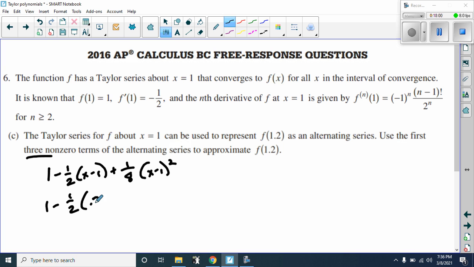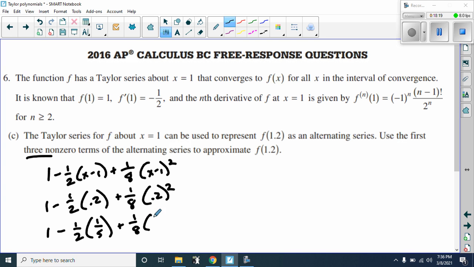1.2 minus 1. It might be easiest, especially since I'm squaring this and then times 1/8 without a calculator, to change this to 1/5. So I've got 1 minus 1/10 plus, this is 1 over 25 times 1/8, 1 over 200.